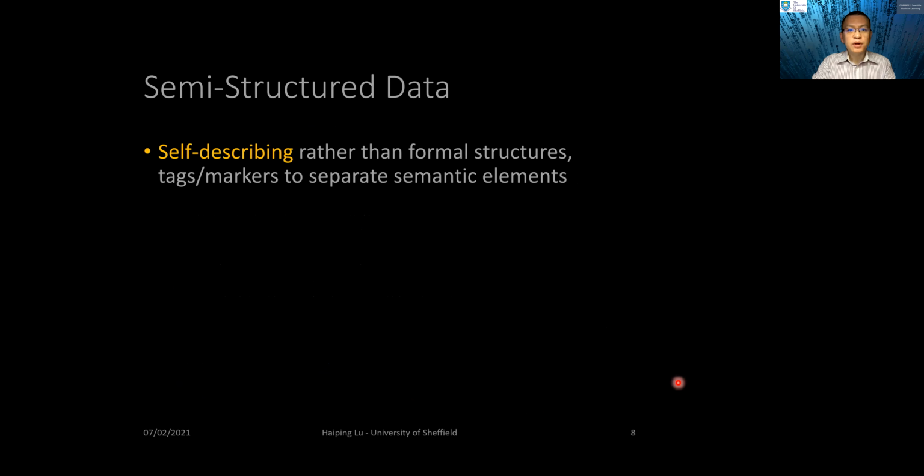And then what is semi-structured data? Semi-structured data is self-describing rather than formally structured. So they have tags or markers to separate semantic elements, but they are not formal. Therefore, the column types implicitly define the schema for the data.